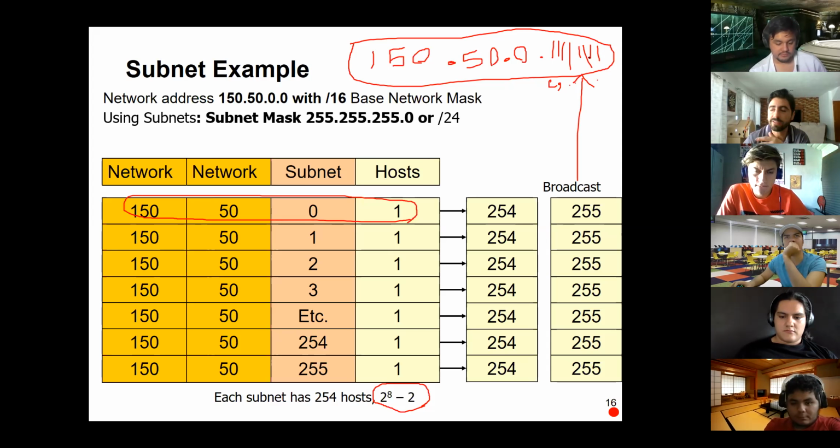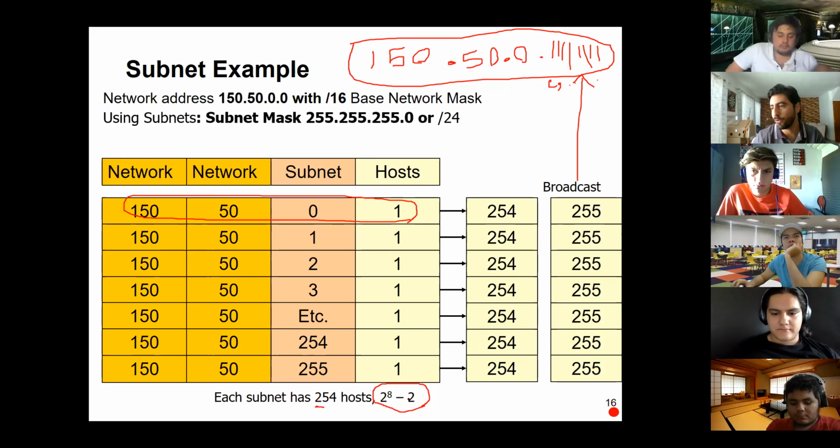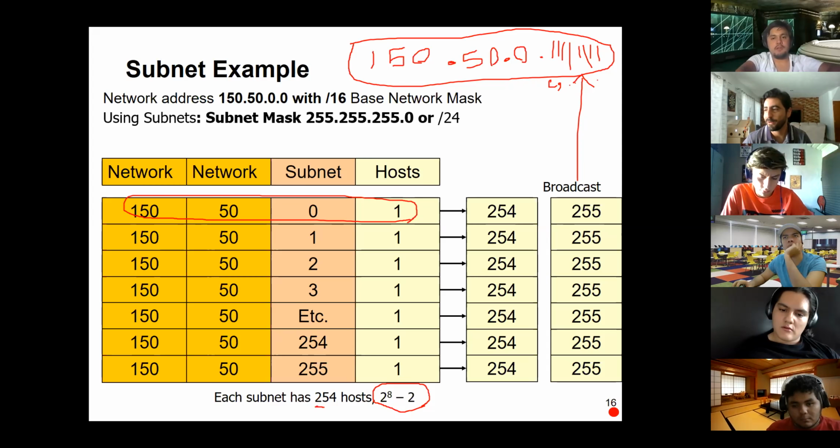You lose 2 addresses, so at the end you get 254, or 2 to the power of 8 minus 2. Is it clear? Yes. If there is any question or doubt, please ask, because it's going to get even more confusing. If you don't get this one, later it's going to be more confusing.